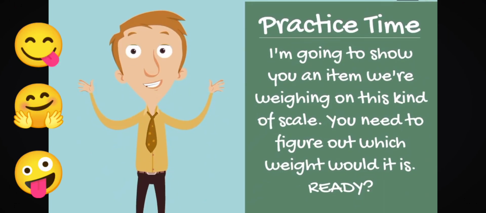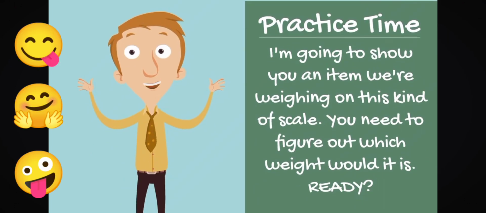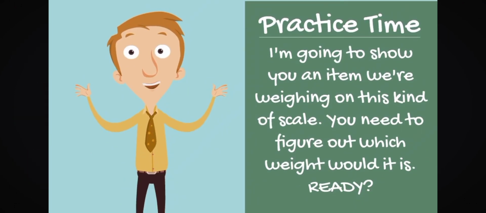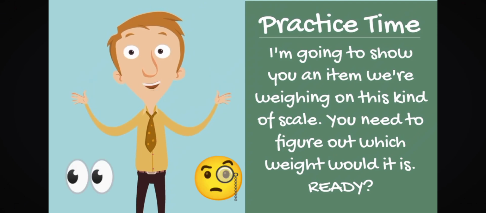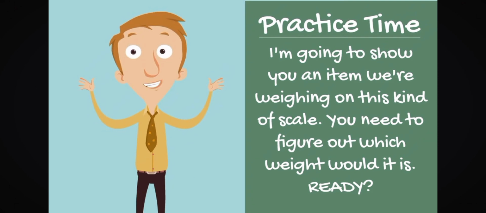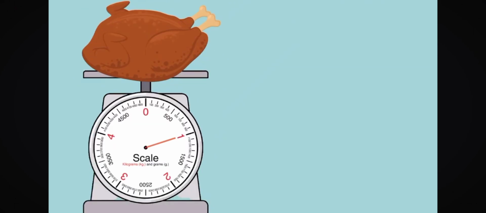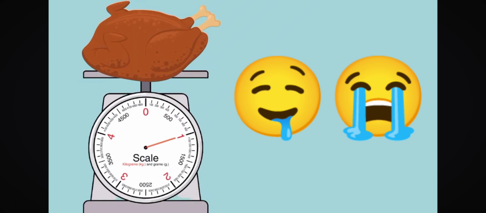You guys know I already love examples, so I'm going to show you items on this type of scale. You need to figure out which weight they are. Are you ready? Right, listen up. Let's pretend this is a nice big piece of KFC, a full bucket's worth of chicken. We want to find out what is the weight.